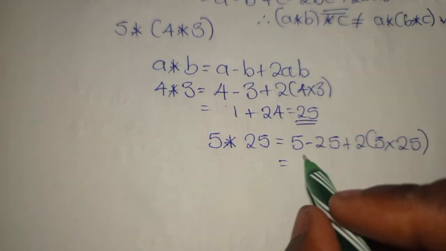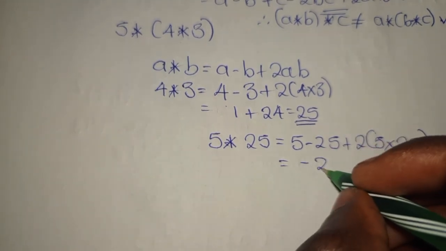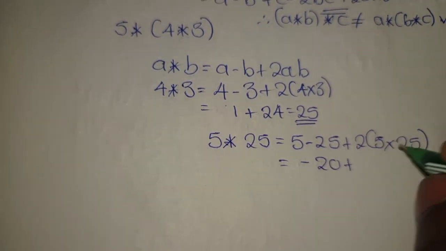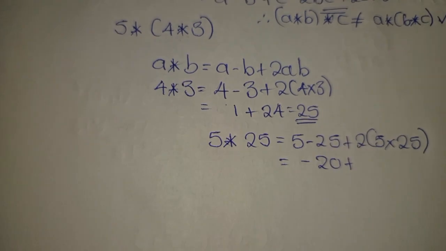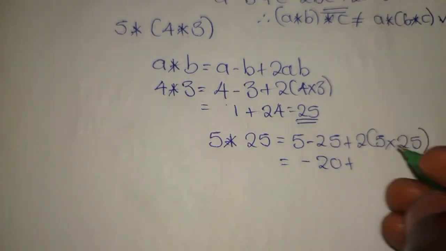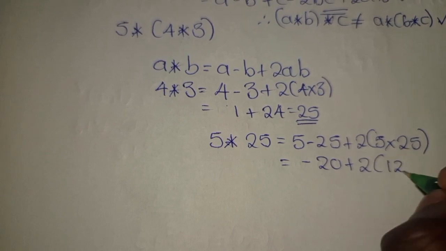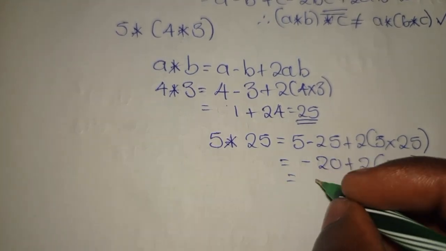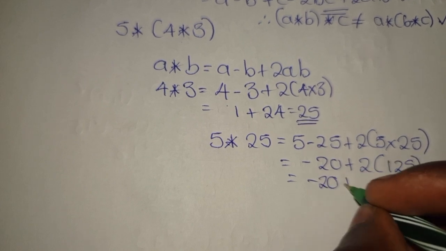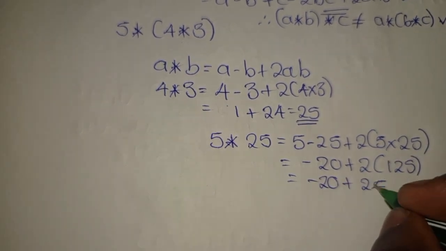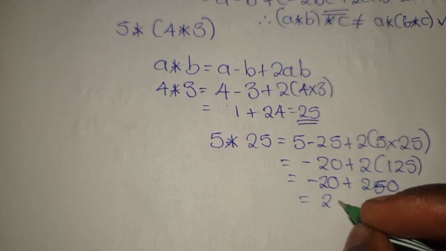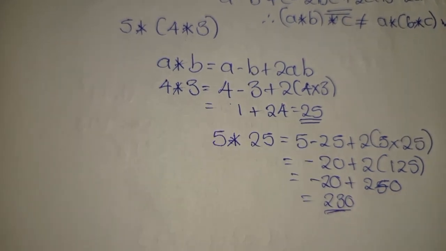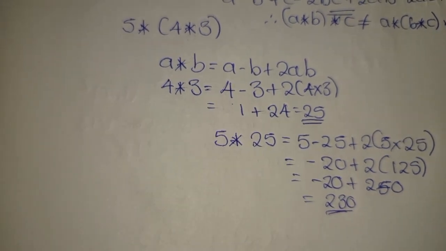So we know for sure that 5 minus 25 is negative 20, plus 5 times 25 is basically 125, and 125 multiplied by 2 is basically 250. So from here you can subtract and you will get the value to be 230. So this is how basically you can evaluate binary operations.